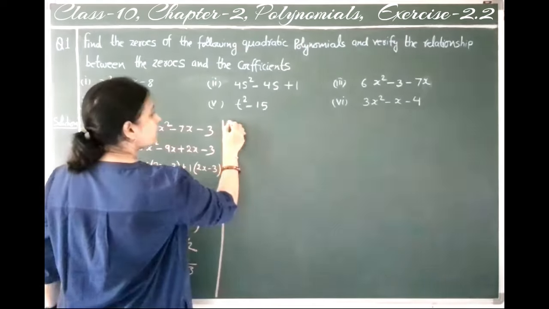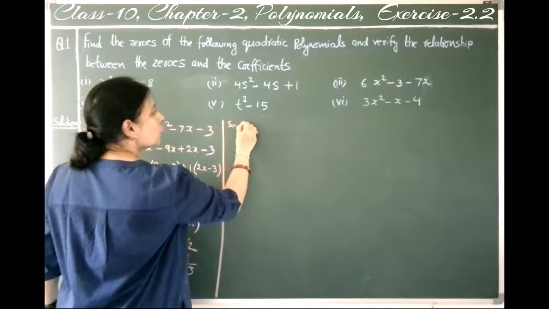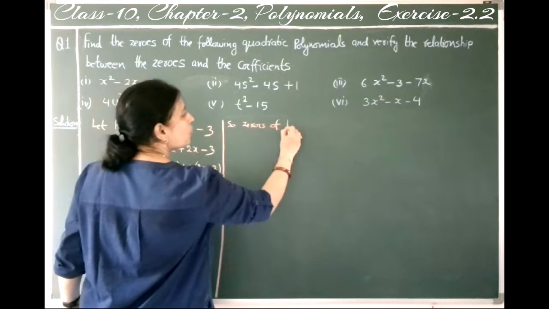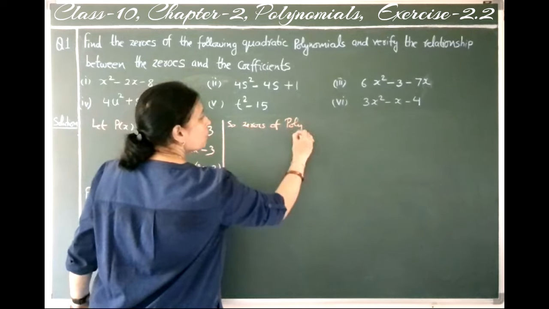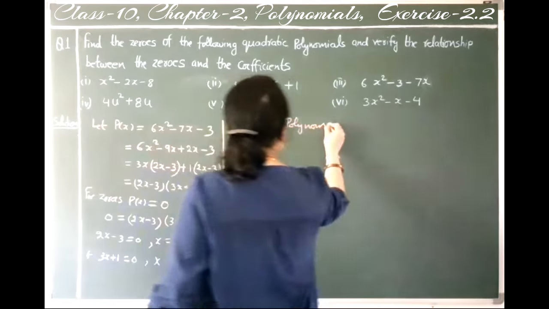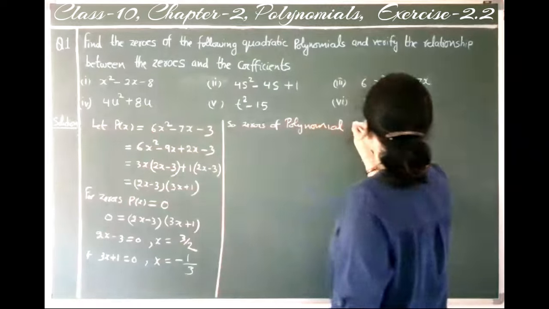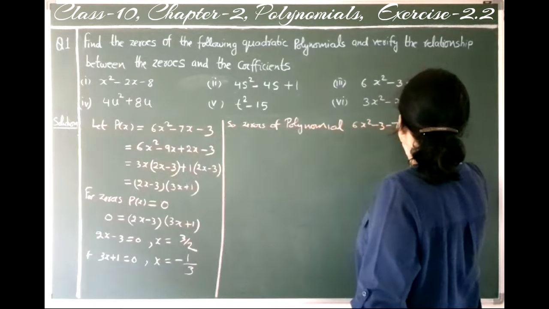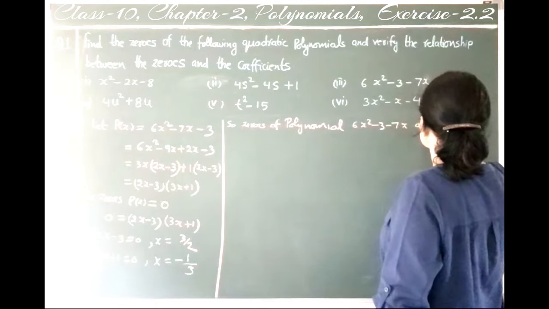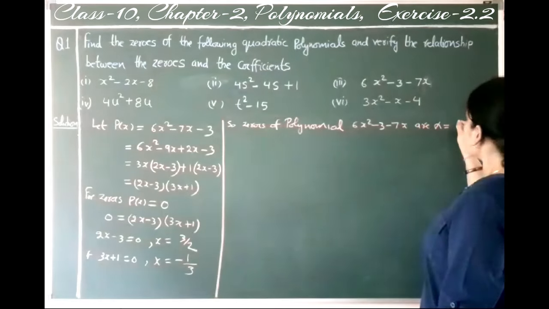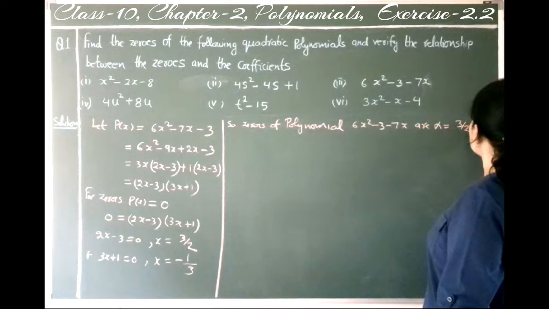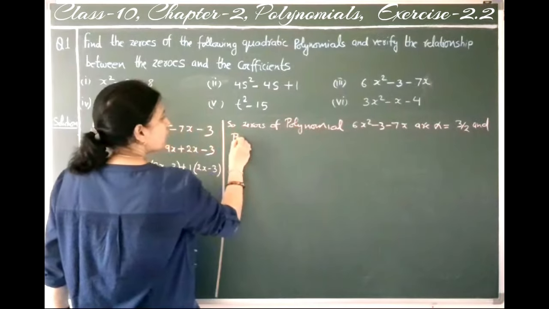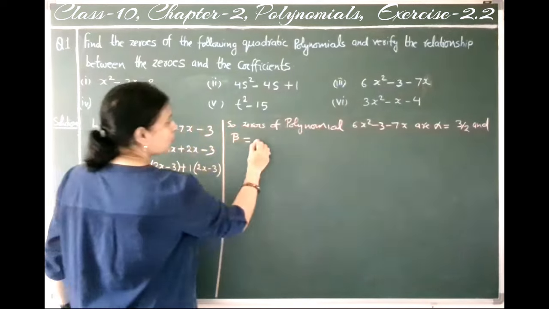So right here, zeros of polynomial 6x square minus 3 minus 7x are alpha is equal to 3 by 2 and beta is equal to minus 1 by 3.